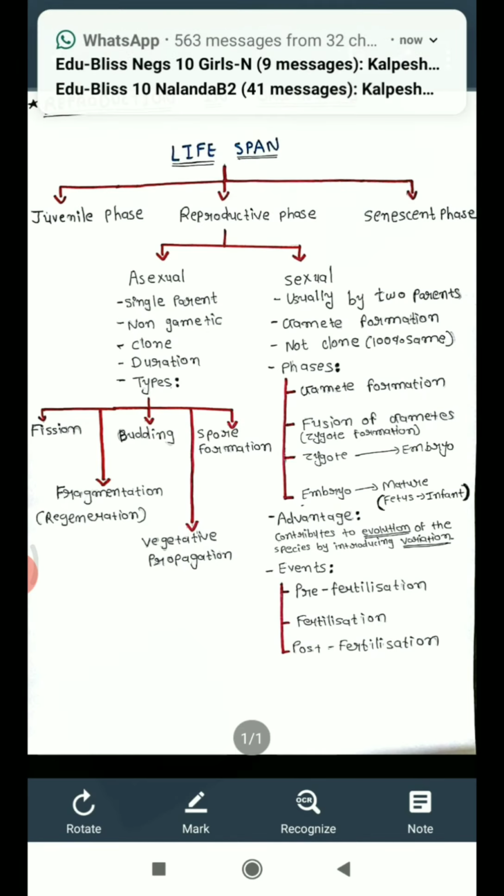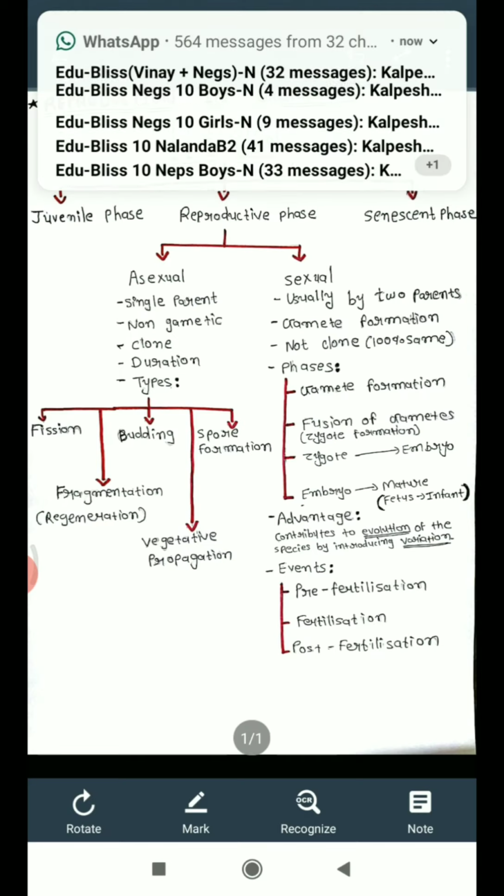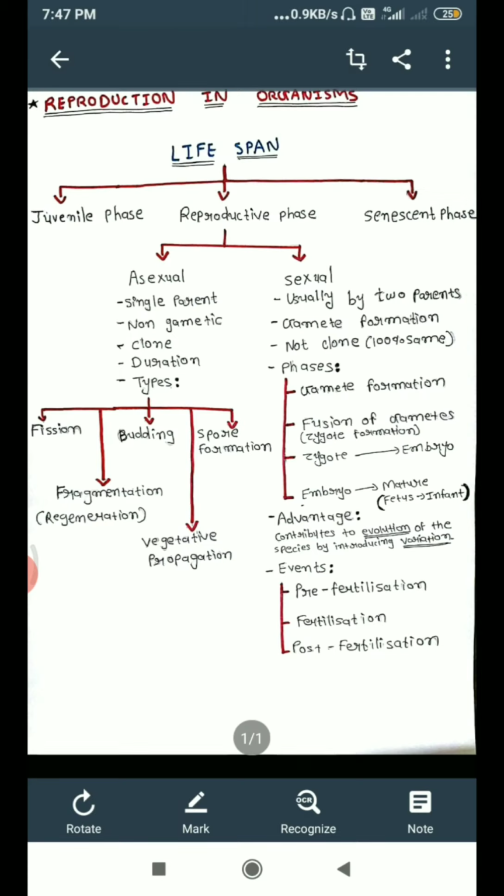While in asexual reproduction, you can think about bacteria, that there is no differentiation, like this is a male bacterium and this is a female bacterium. So in asexual reproduction, a single parent is involved. It is non-gametic, that means gametes are not produced in asexual reproduction. You know about gametes, right? Gametes are the sex cells which help in reproduction, that are only formed in sexual reproduction and not in asexual reproduction.